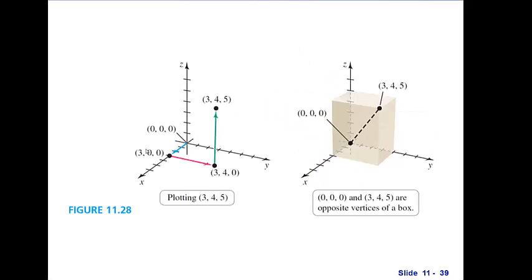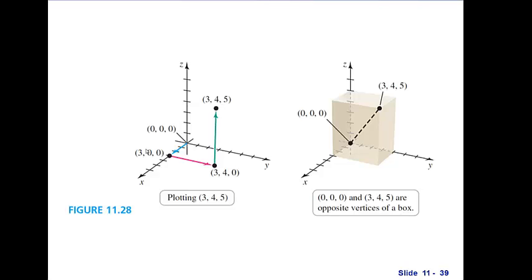Now, how about if we need to find, for example, the point (3, 4, 5)? As we explained previously, we move 3 units in the positive direction of the x-axis, 4 units in the positive direction of the y-axis, and then 5 units up, which is the positive direction of the z-axis.